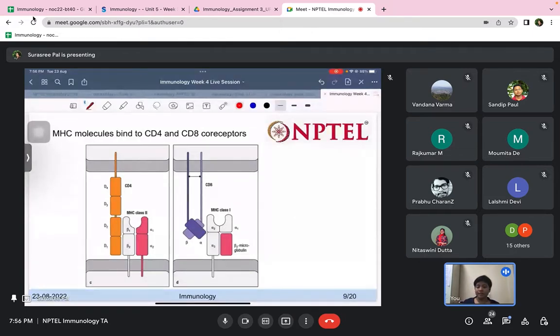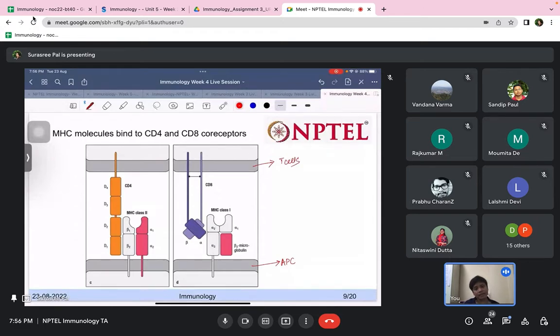Please remember that MHC molecules and CD8, CD4 are expressed on two different cell types, right? MHCs are expressed on the APCs, the antigen presenting cells, whereas CD4 or CD8 are expressed on T cells, right?